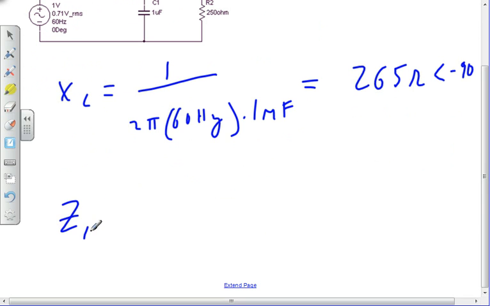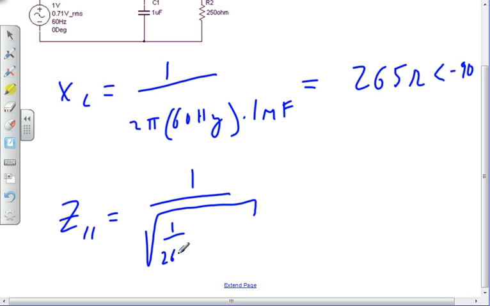All right, now the impedance of the parallel path equals 1 over the square root of 1 over 265 squared plus 1 over 250 squared.